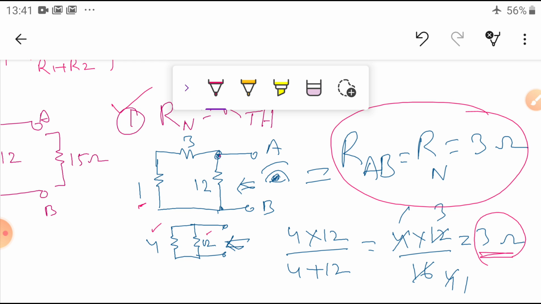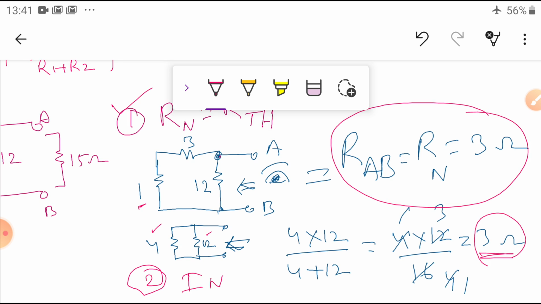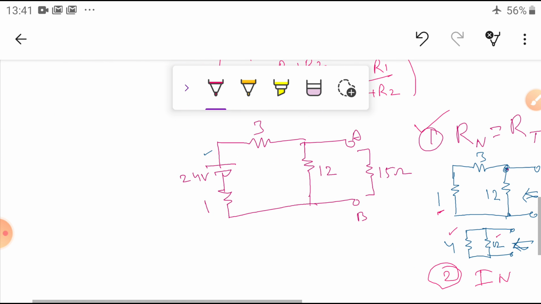Now what is the second step? In the second step we find I Norton across the AB terminals. For this purpose, simplify the circuit.